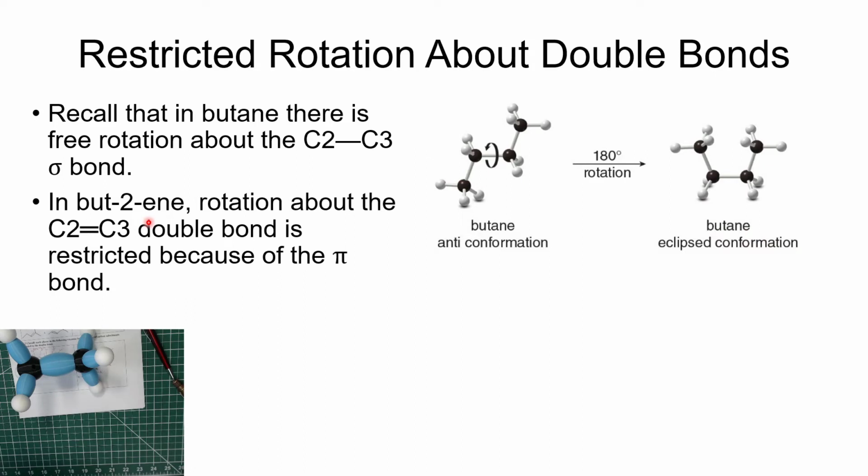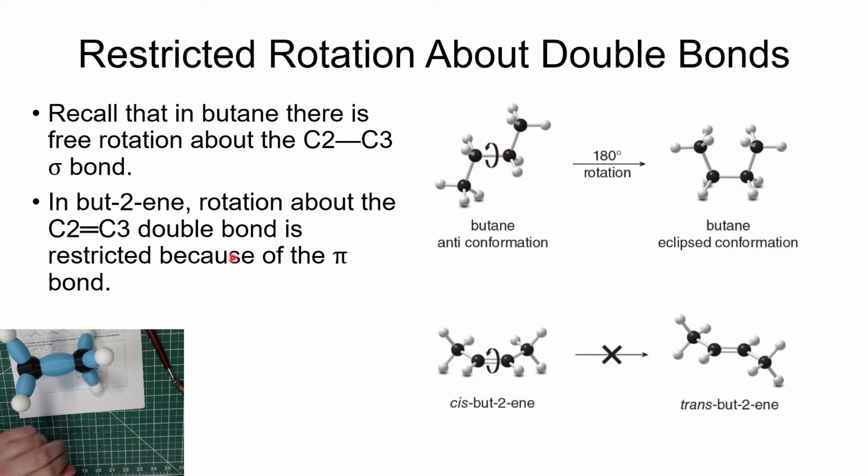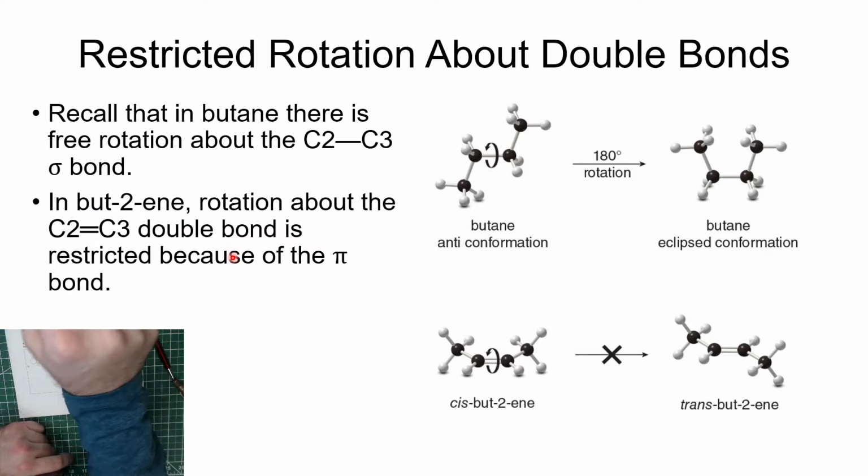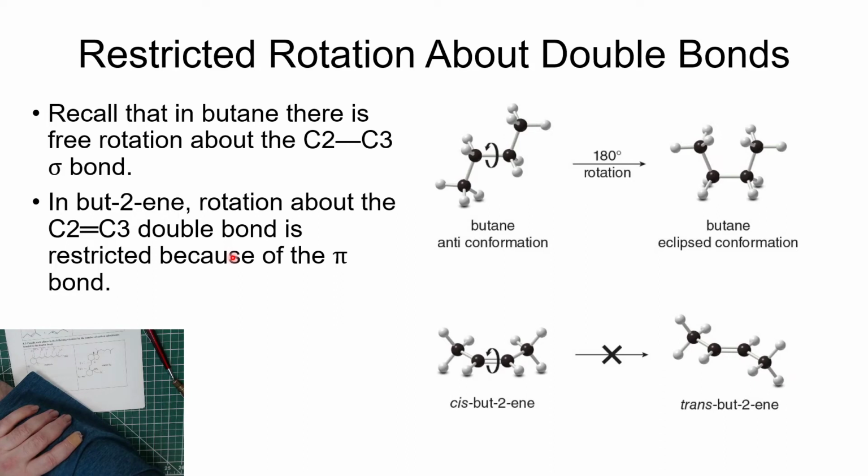However, in but-2-ene, or sometimes you'll hear me call this 2-butene because that was a previous way that we named it, we will find that there is a cis isomer and a trans isomer.